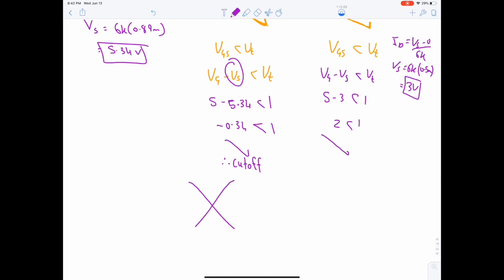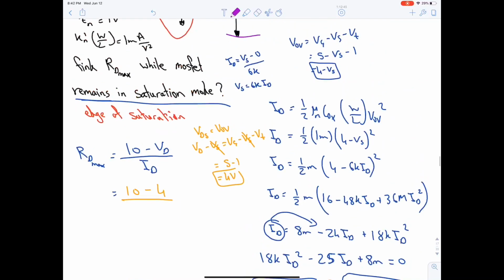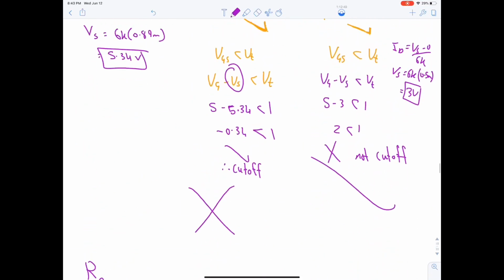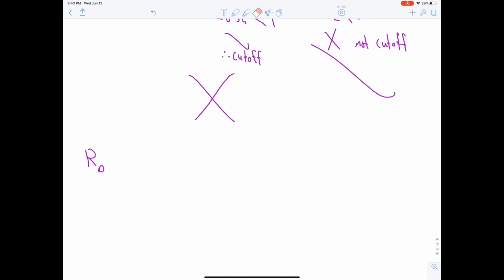No, it's not cutoff. Therefore, this is our number. So, what's RD maximum? It's 10 minus VD over ID. We said that ID is 0.5 milli. So here you will get 6 divided by half is 12 kilo ohm. Okay? This is the answer.